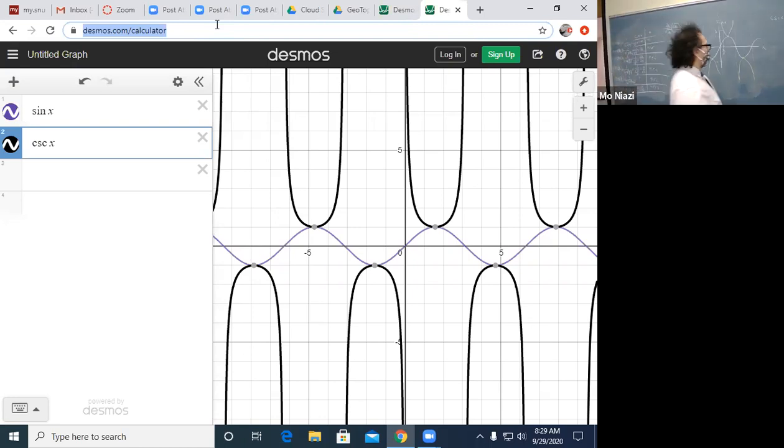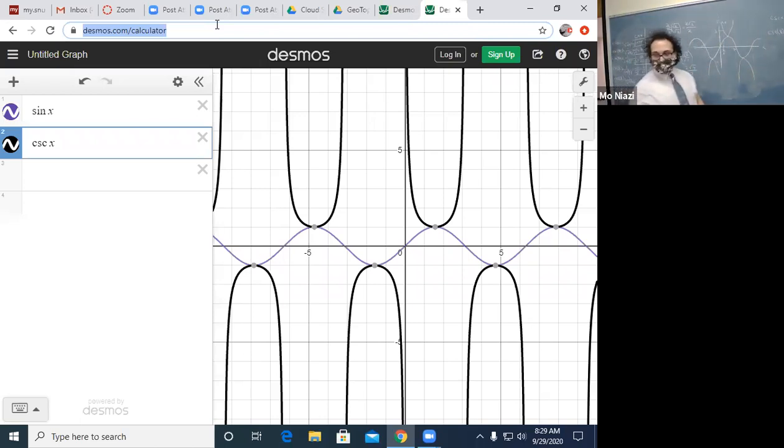And so, yes, it's pi, right? Because cosecant of pi is the same thing as 1 over sine of pi. We know sine of pi is 0.